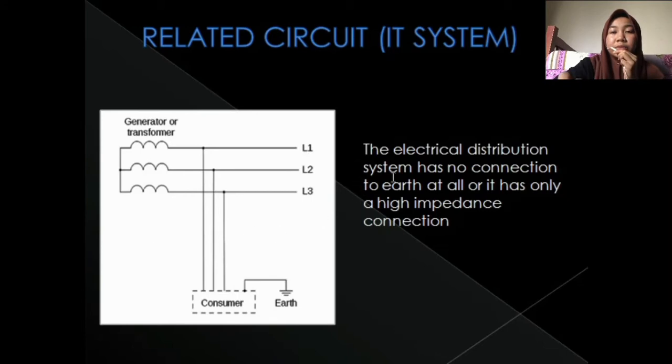The electrical distribution system has no connection to earth at all. You can see there is no connection to earth at all, or it has only a high impedance connection, but it's a simple installation because you just put earth there.